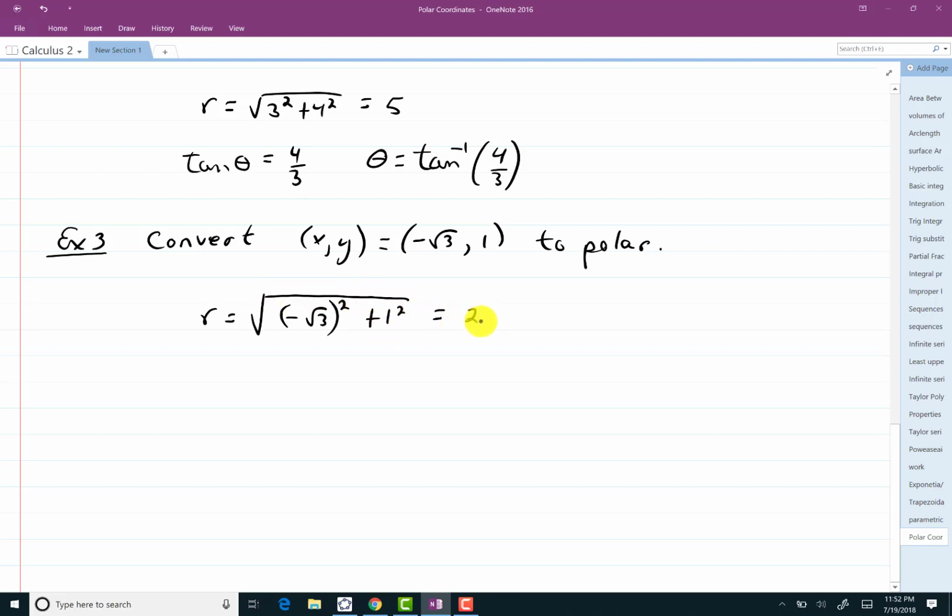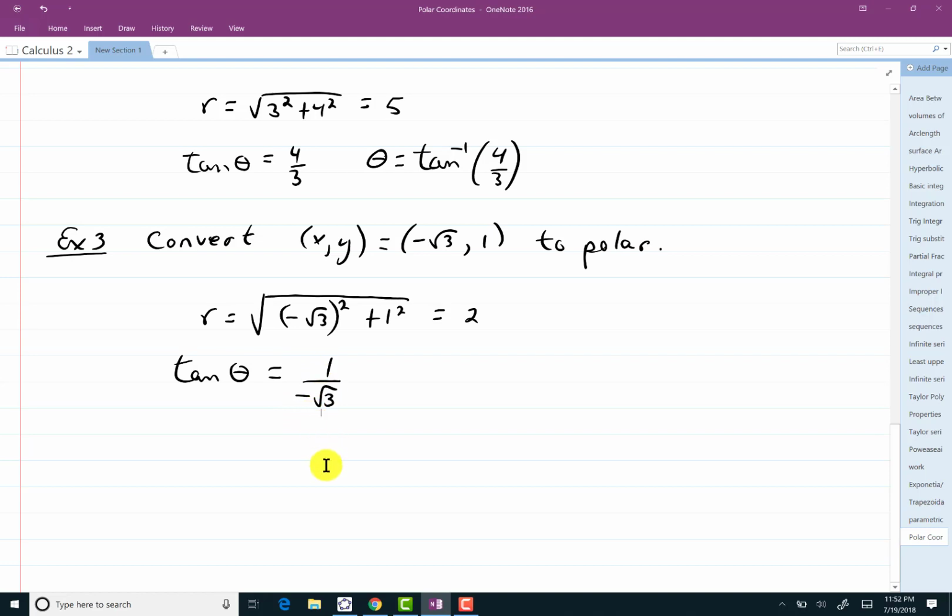That will equal 2. Tangent of theta equals 1 over negative square root of 3. And where does tangent equal 1 over negative square root of 3?